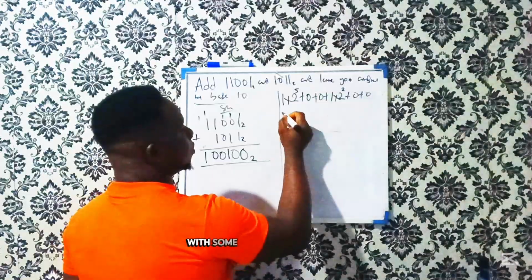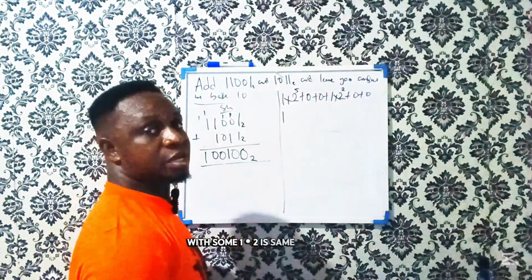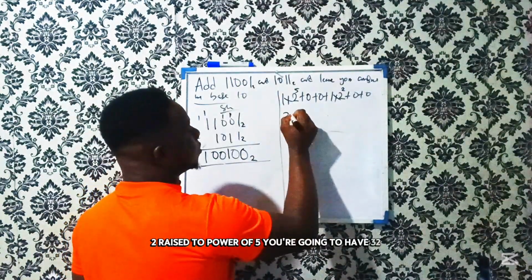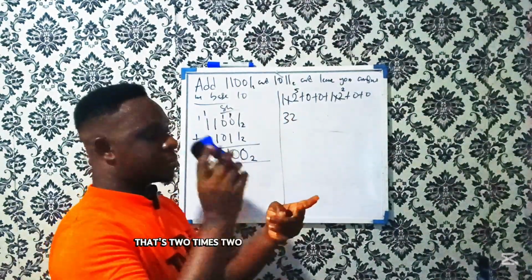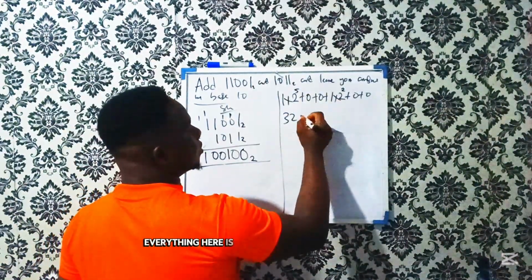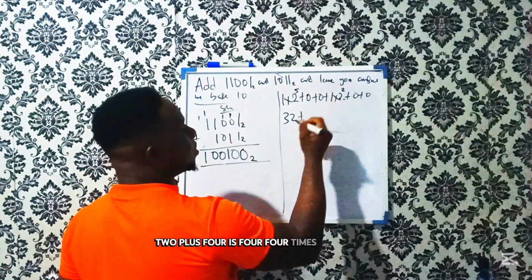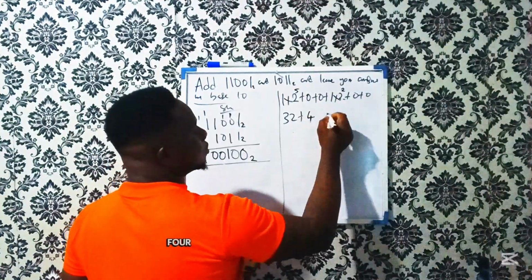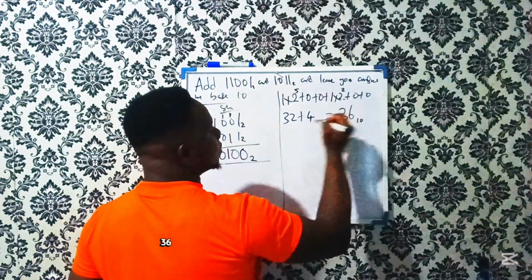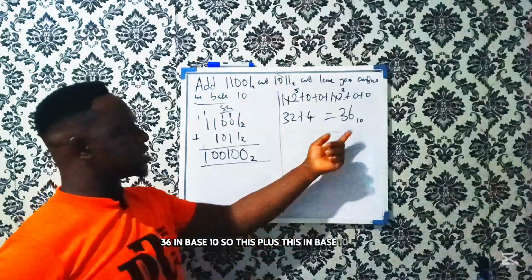We sum. 1 times 2 to the power of 5 is 32, that's 2 times 2 times 2 times 2 times 2. Of course, everything else here is 0, so we have 1 times 2 raised to the power of 2, which is 4. 4 times 1 is 4. So our answer is going to be 36 in base 10. So this plus this in base 10 is 36.